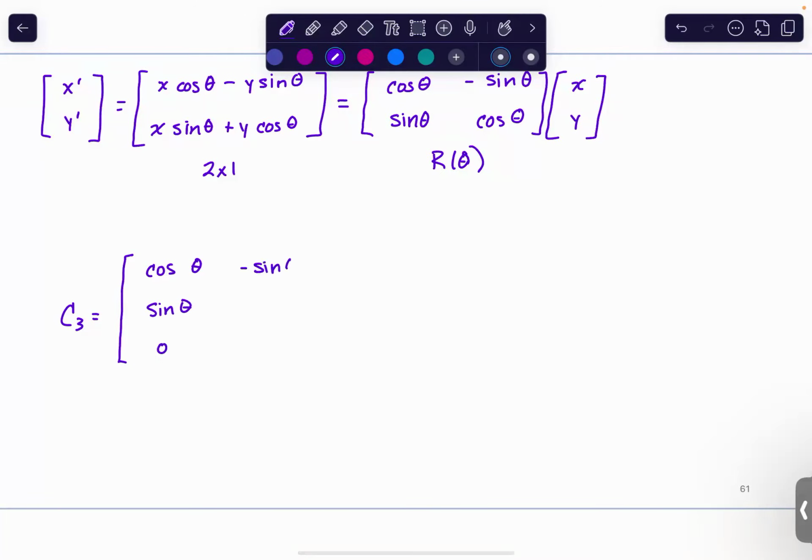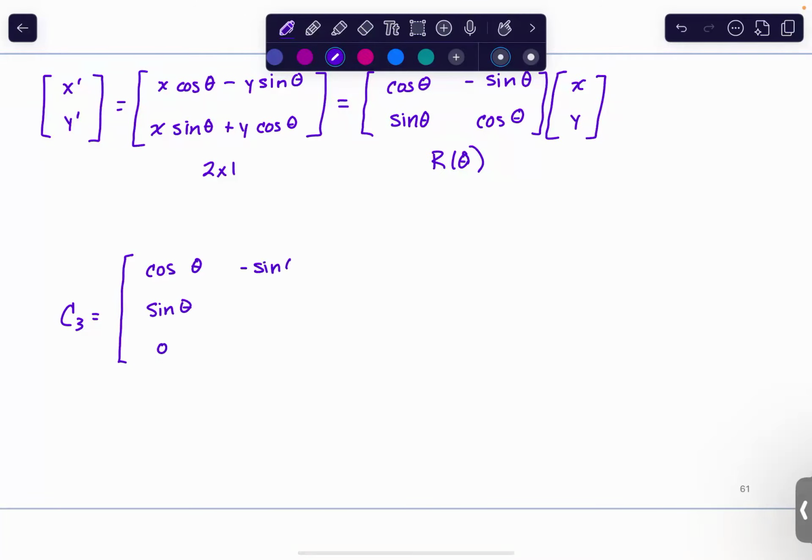Usually we don't leave it in terms of theta, because, what, 120 degrees? That is 2 pi over 3 radians.